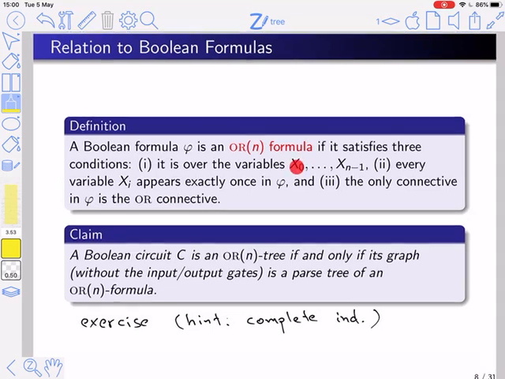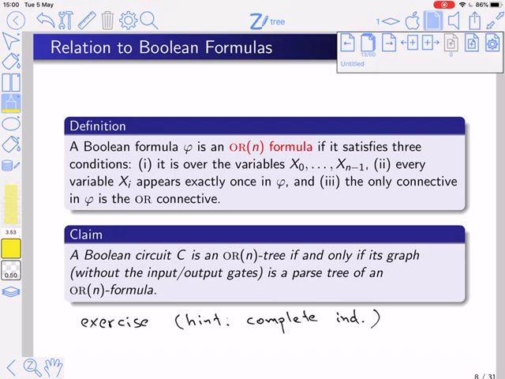So if you look at the parse tree of an OR formula, it will in fact be exactly an OR tree. So the claim is a Boolean circuit is an OR n tree if and only if its graph, without of course the input and output gates, is a parse tree of an OR n formula. Okay? And I'll leave the proof of this claim as an exercise. And the hint is, of course, you can prove it by complete induction on n.